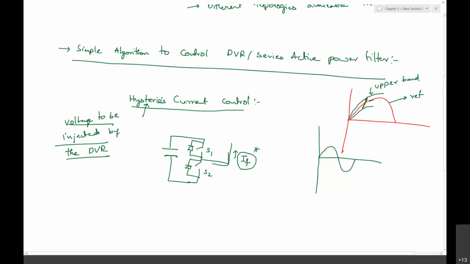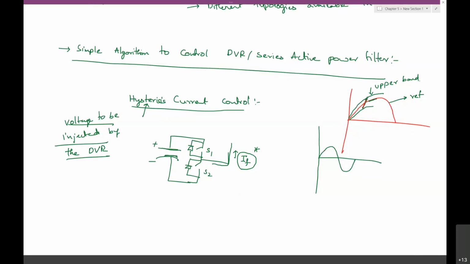This capacitor which is connected over here, let us assume that is positive and this is negative. Now in this case, the current has to track the red line, but it is not tracking the red line; it is going beyond this particular point.